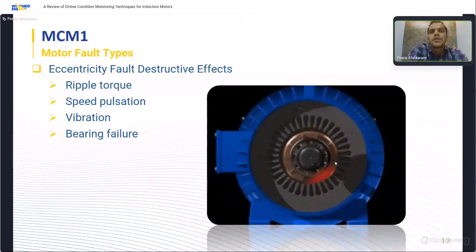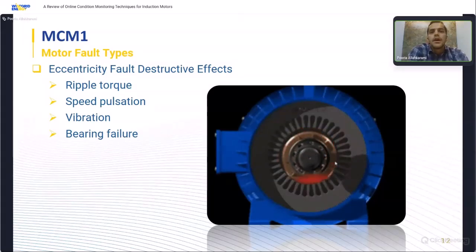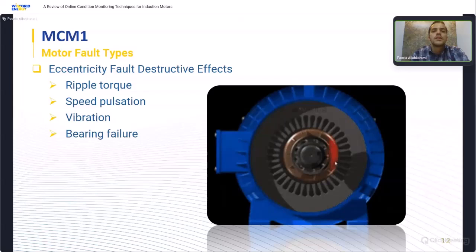And during motor startup, when the current is very high, the magnetic pull in the case of severe eccentricity can be so great that it causes the rotor and stator to physically rub each other. This rubbing can be so severe that the motor damage requires costly and time-consuming repair, changing the stator core and rewinding the electric motor.